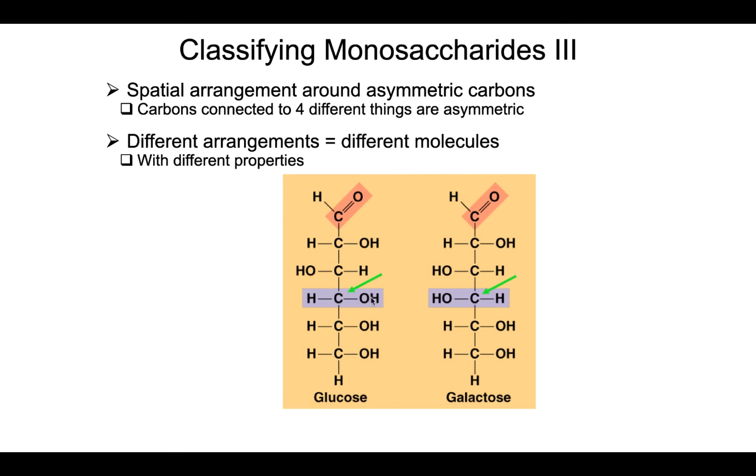The hydroxyl group here is on the right side, where here it's on the left side. It might sound like a very subtle difference, but it's enough to give them differing chemical properties and to maybe interact with enzymes or other molecules differently. So although it looks like a subtle difference, it plays a big role in the nature of those molecules.